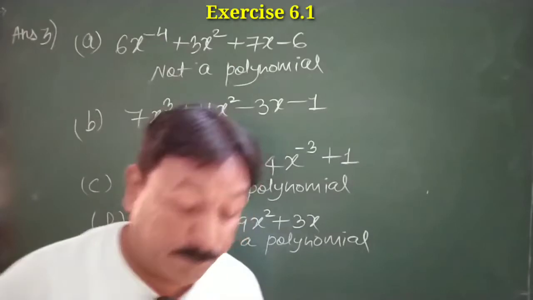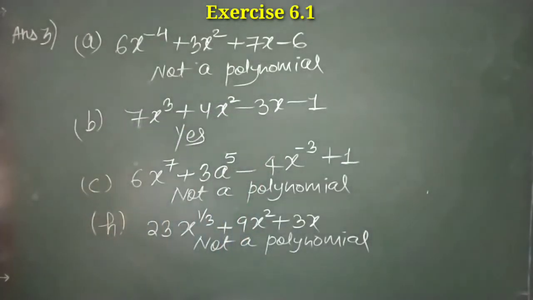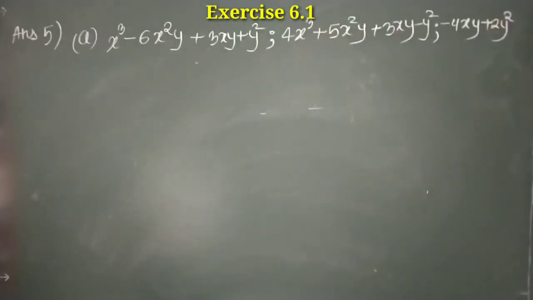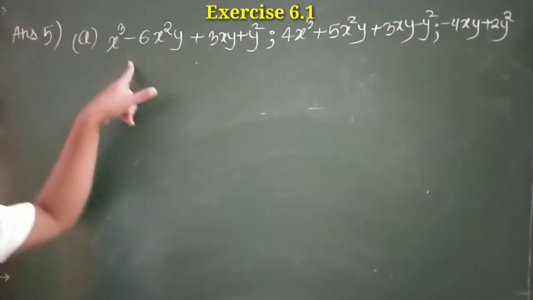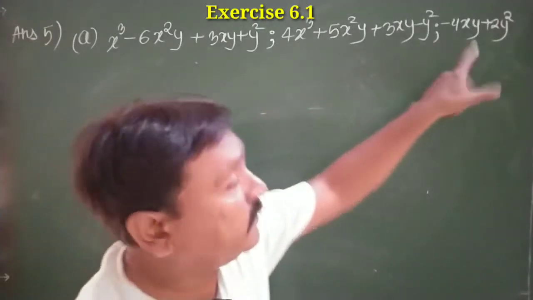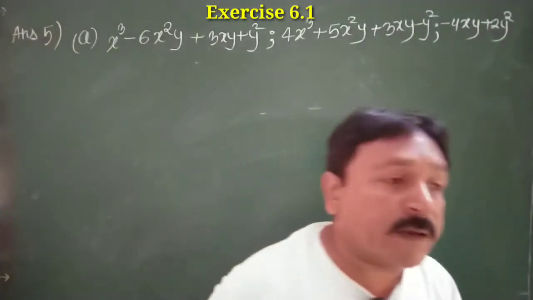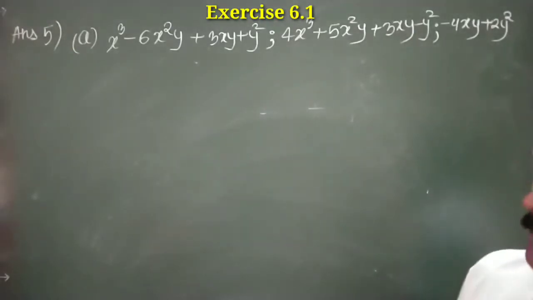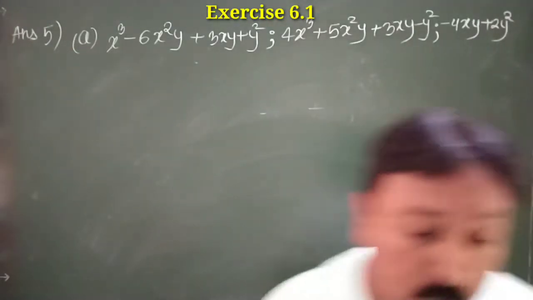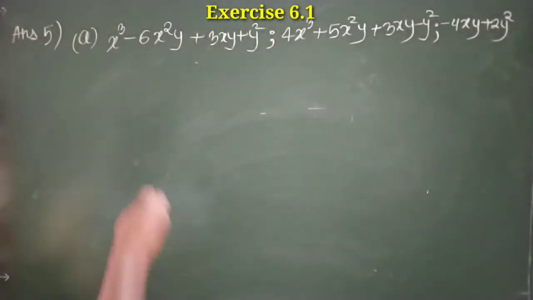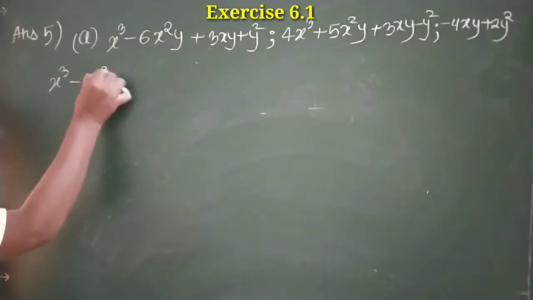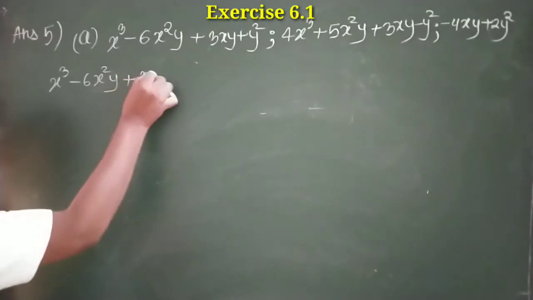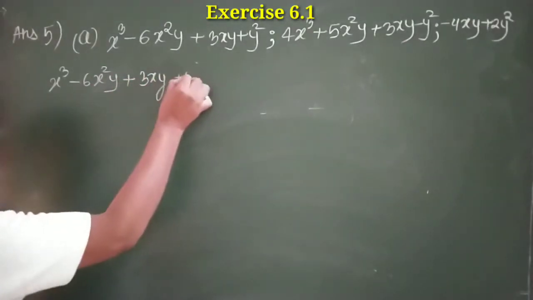Okay, so see question number 5 on the board. Question number 5 is saying add the given polynomials. This is question number 5, parts first, second and third. 3 polynomials are given to us and we have to add them. So first of all, write like this: x cube minus 6x square y plus 3xy plus y square.